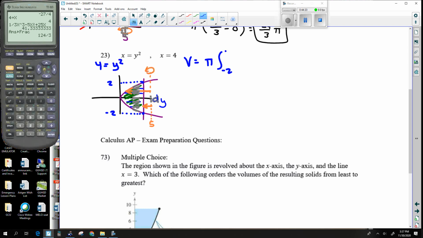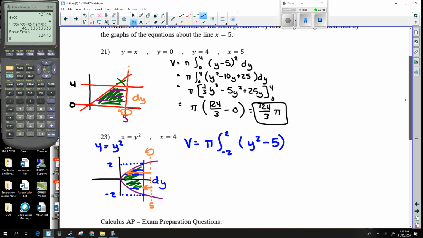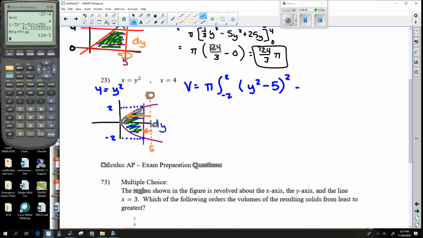So -2 to 2 of the big radius, which is the parabola, so that's y squared minus the new axis, which is 5, right? x is equal to 5. So that's the big radius squared minus the little radius, which is 4 minus 5, squared. Again, it doesn't matter if you get a negative answer because it's getting squared anyway.